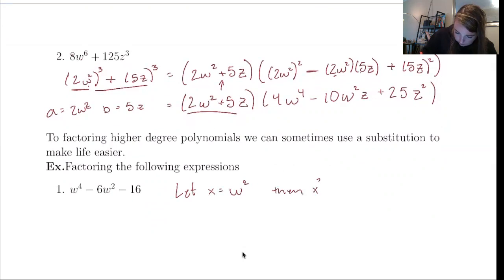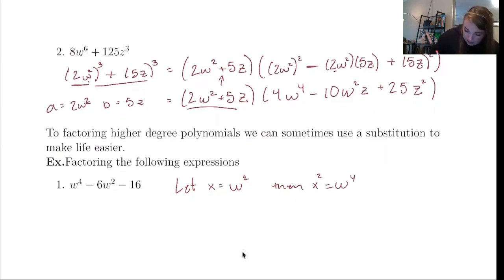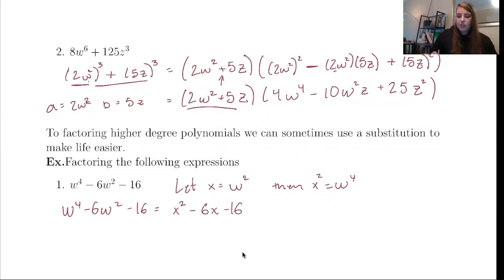Then x squared, I would just square both sides. Now we get w to the fourth. So that would make w to the fourth minus 6w squared minus 16 equal x squared minus 6x minus 16. See how that substitution looks a lot easier to work with?